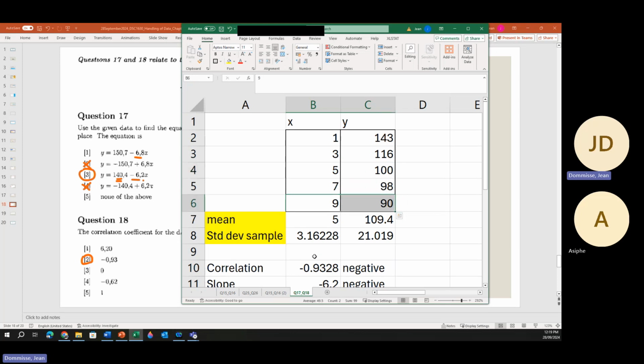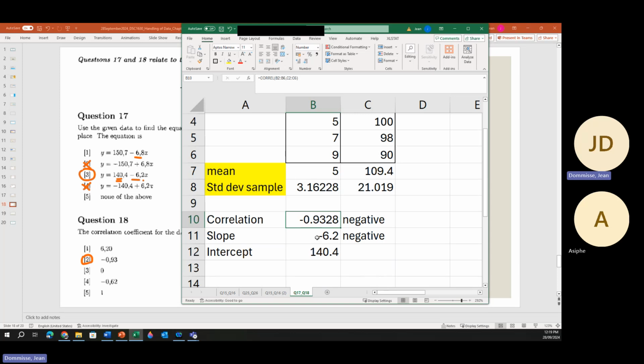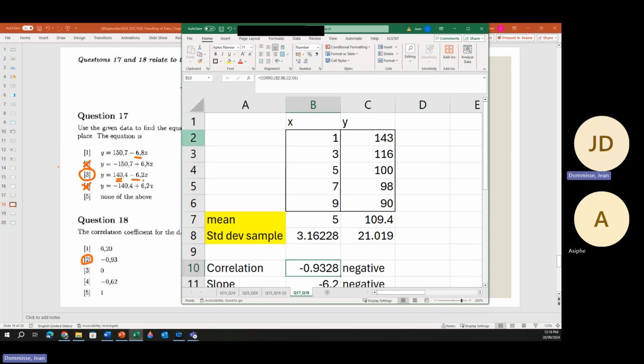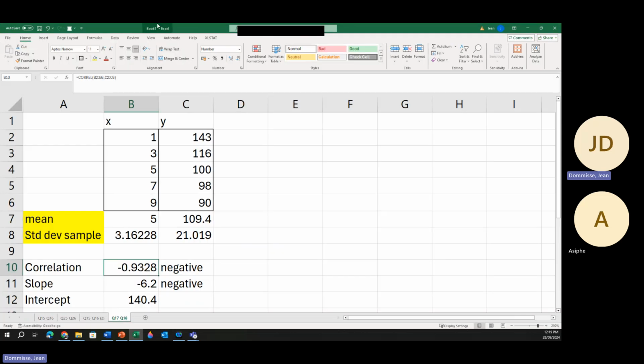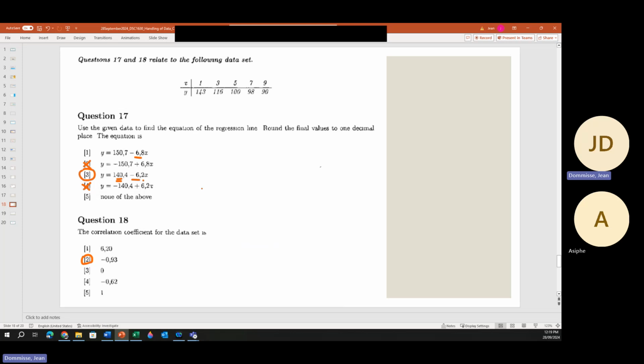Then you will be able to use the R on your calculator to work out the correlation. On my HP there's an M for the slope, and there's a B also. So you are able to work out all the differences if you have a financial calculator as well. I will share this with you on the WhatsApp group so that you can get access to it.